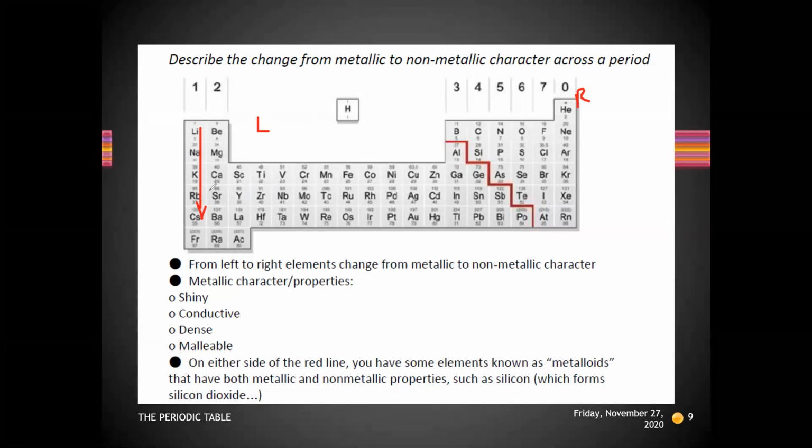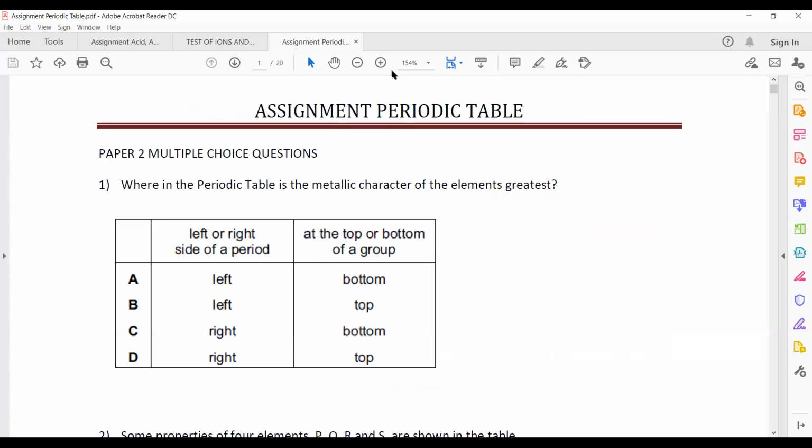It means they tend to lose electrons easily. So on which side are they more metallic, left or right, and top or bottom of the group? Yes, A is the right answer, because on the left hand side they are more metallic, and as we go down, they tend to lose electrons easily. So A is the right answer.